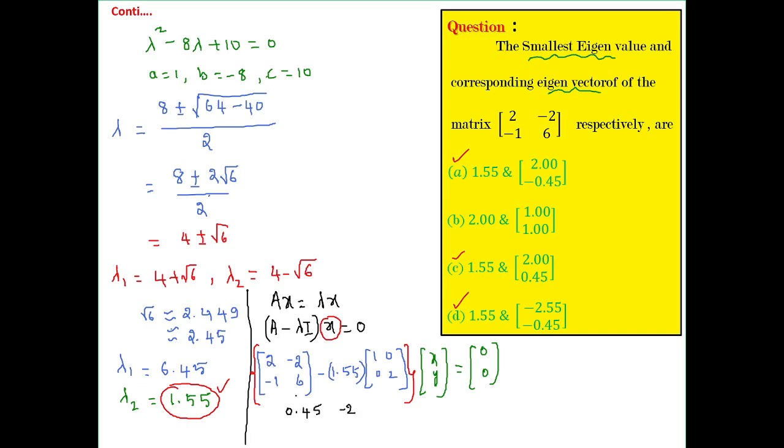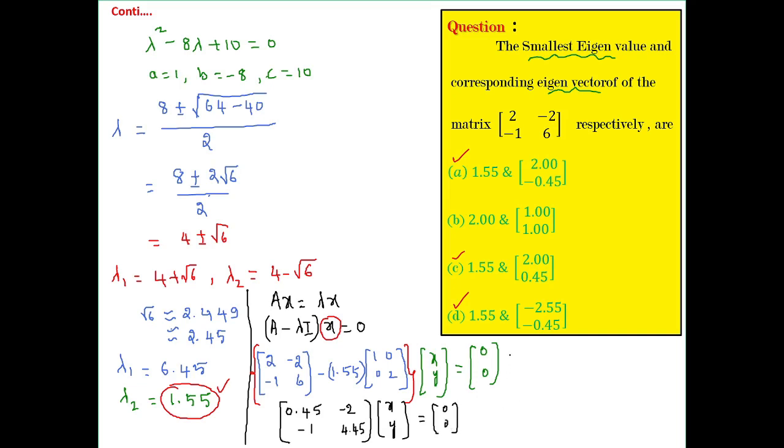Next, minus 1 minus 0, so minus 1. And here 6 minus 1.55 gives 4.45. This multiplied with x and y is our null matrix.